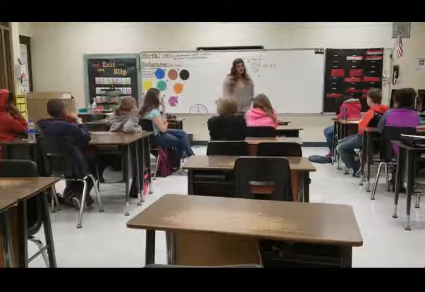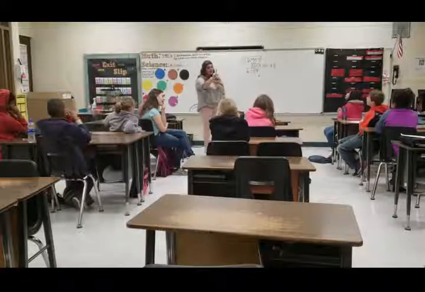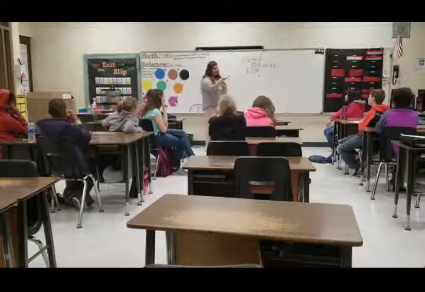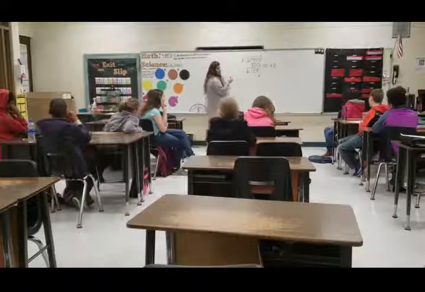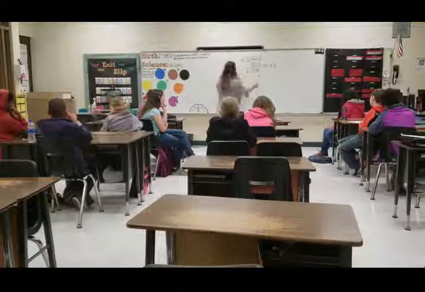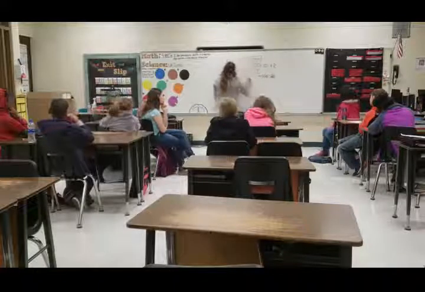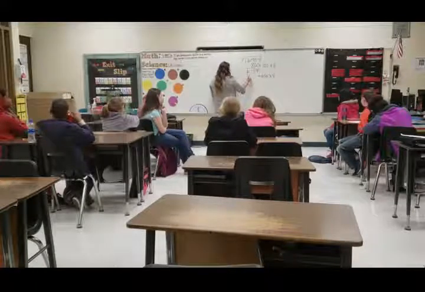So I could multiply 60 times 10 and extend it to 600 and say 600 times 8, and that would get me what? 4,800.